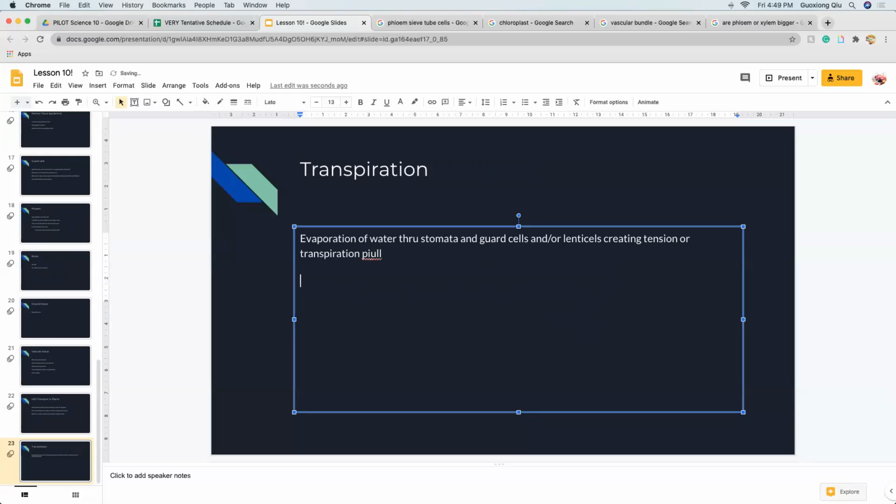So what this means, or what happens, is as water evaporates from the plant, or as water leaves the plant through the stoma, evaporating, it pulls on nearby water molecules.